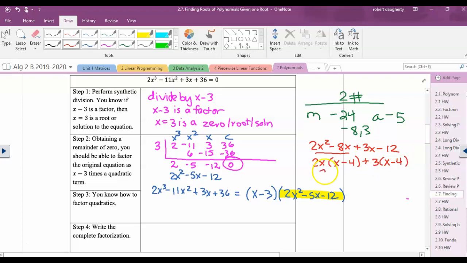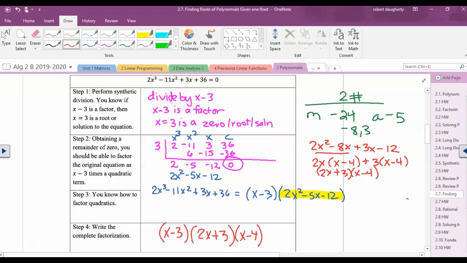So this is what? 2x plus 3 times x minus 4. So the complete factorization here is what? It's x minus 3, and then what? Yeah, 2x plus 3, x minus 4.